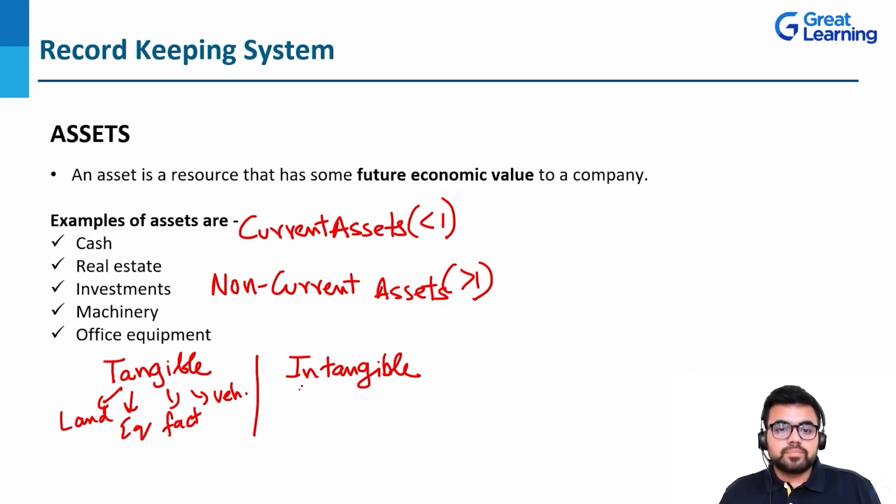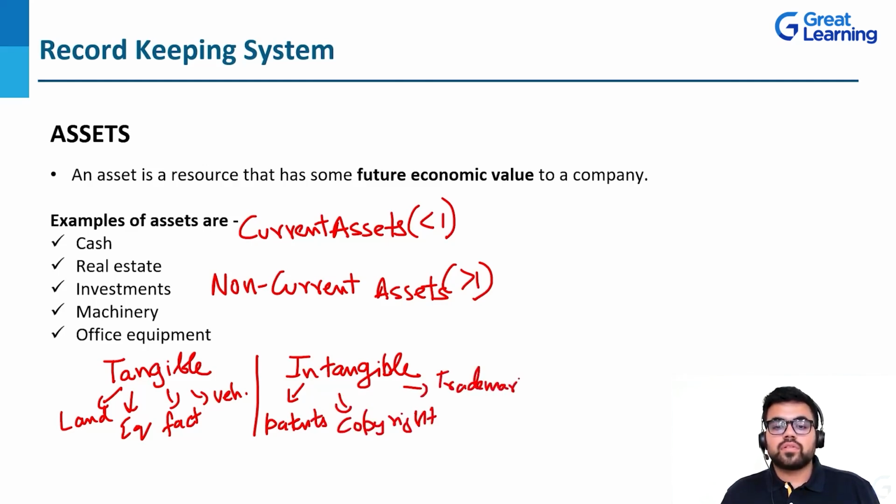That would be patents, copyrights, or even trademarks. These all come in the category of assets.